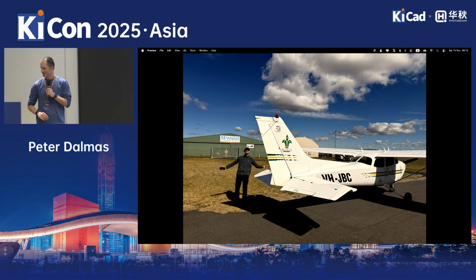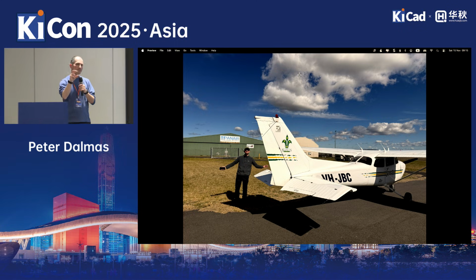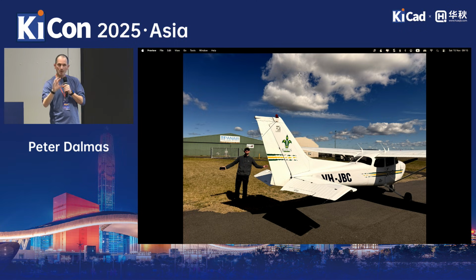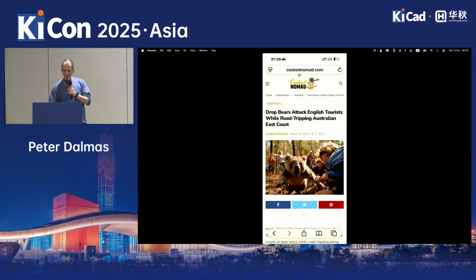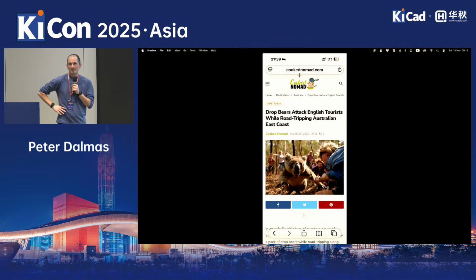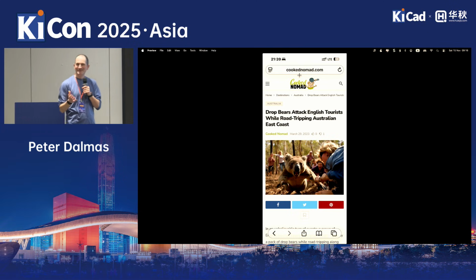Hopefully only successful landings. The things that I'm throwing out are miniature replicas of Australia's most common predator. You guys are not allowed to say anything about this. If you're nosy, keep the secret. But recently we had attacks by bears. You know how in China you've got the panda?